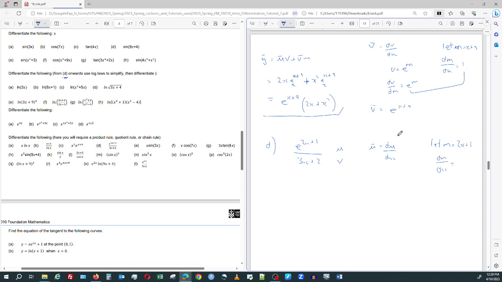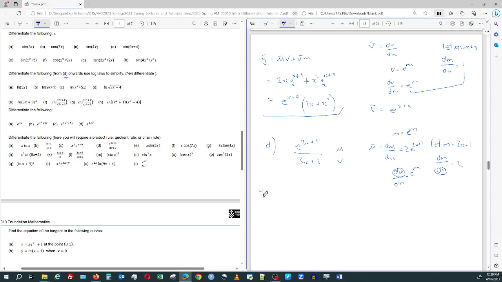Now straight away we can rewrite u equals e to the m, so du dm is in fact du dx, which is what we wanted, and so e to the m and 2x is just 2, so u dash is 2e to the 2x plus 1. You can do shortcuts if you want, I refuse to do it.